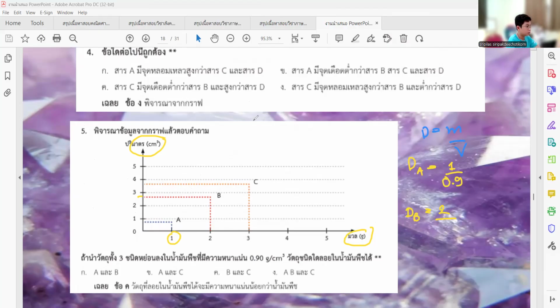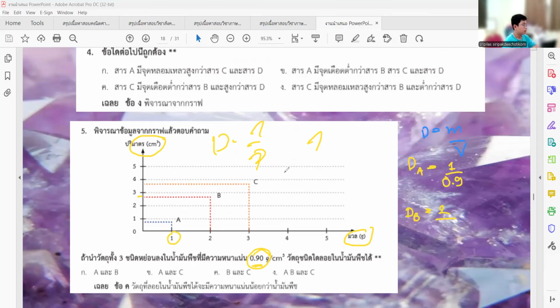Why do we use this as the mass? You have to compare the density with the vegetable oil, which has density 0.9.